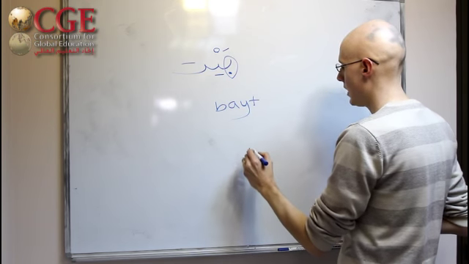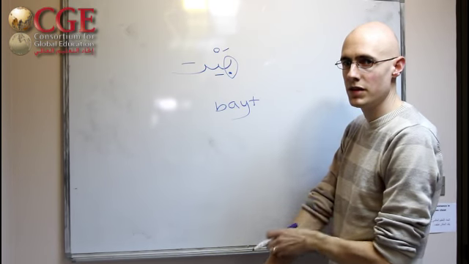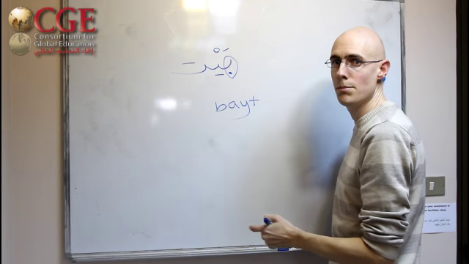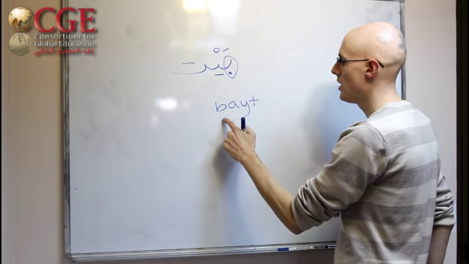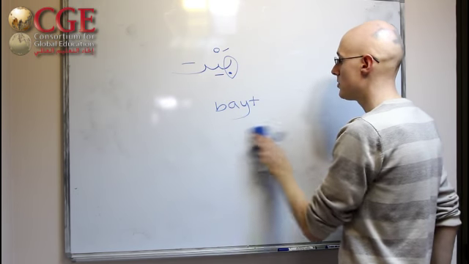In fact, it's a diphthong. It's a combination of two vowel type sounds. The way it's pronounced is bait. Bait. You hear that? Bait. And this means house.